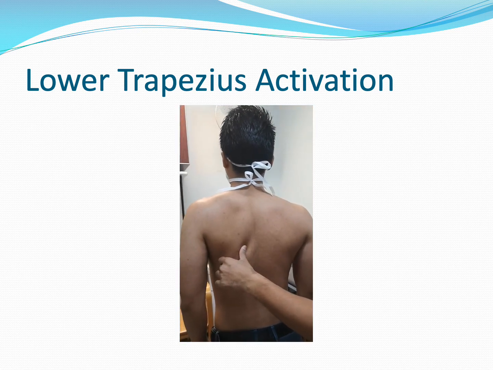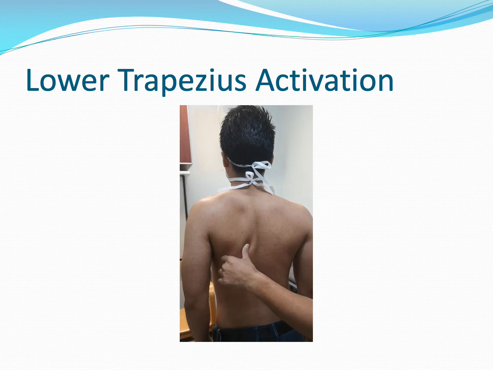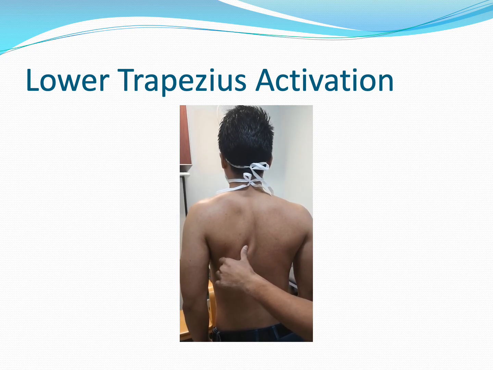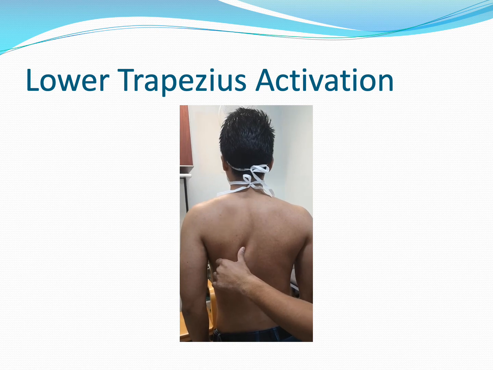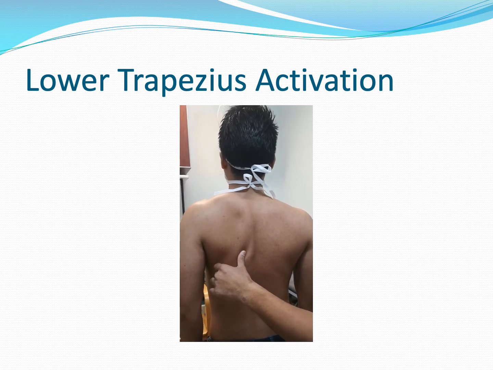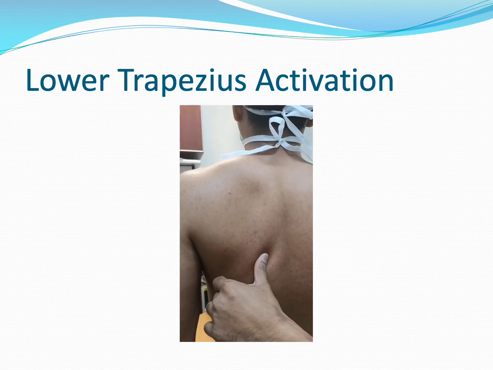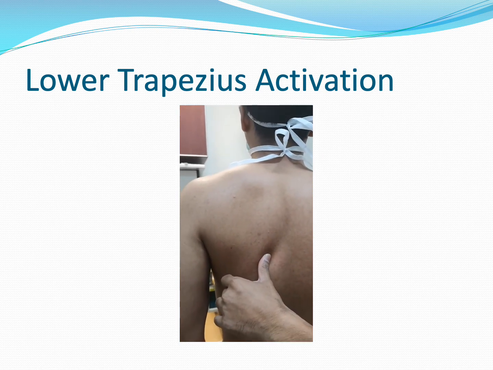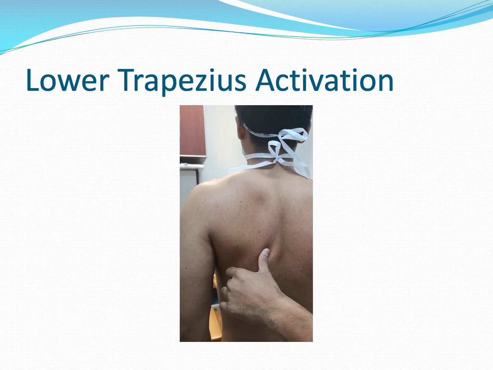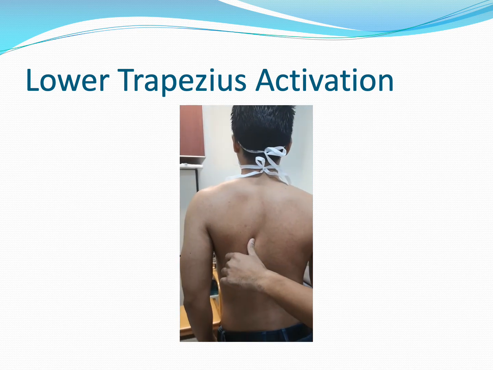Okay, then hold it for 10 seconds. 1, 2, 3, 4, 5, 6, 7, 8, 9, 10. Some more. This exercise is also called the low row exercise. This is an exercise to activate the lower trapezius muscles.